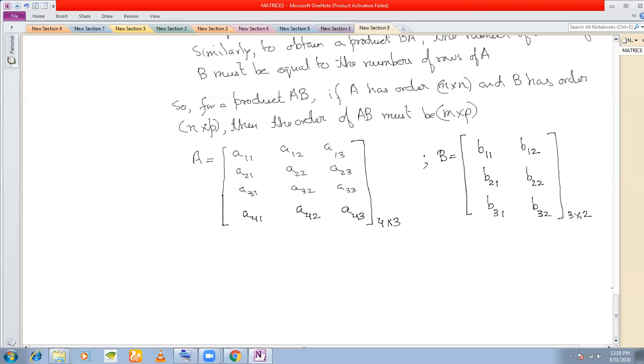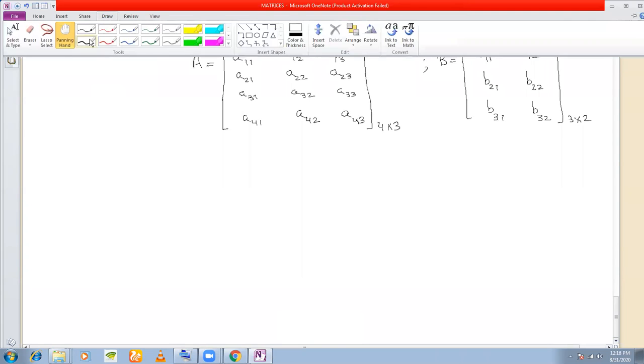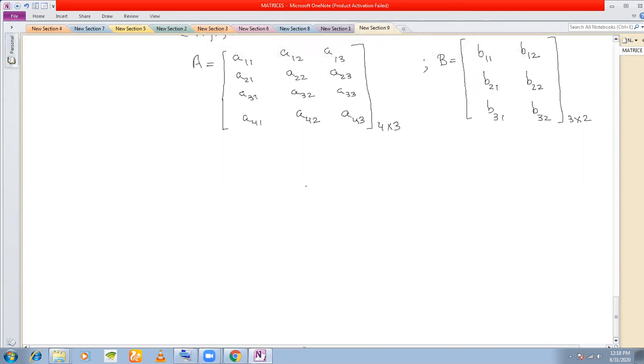So this matrix is of order 3 by 2. Now the question here is, can I find the product AB? Suppose I want to find this product AB. Before finding the product, what you must check is how many columns A has and how many rows B has. A has 3 columns, and how many rows does B have? 3 rows. So they are equal, isn't it? They are equal.